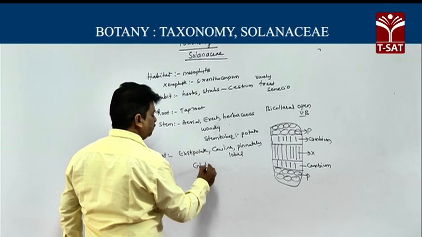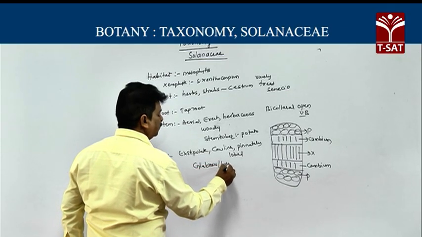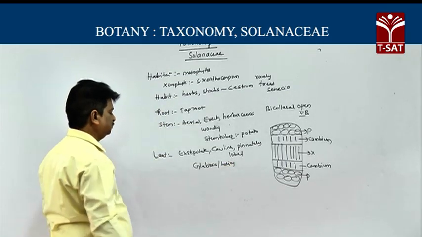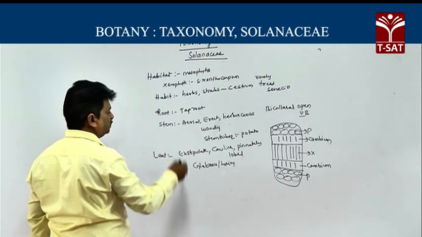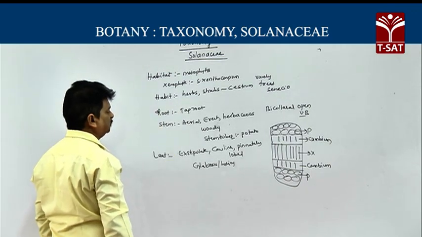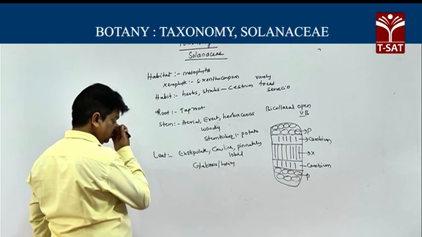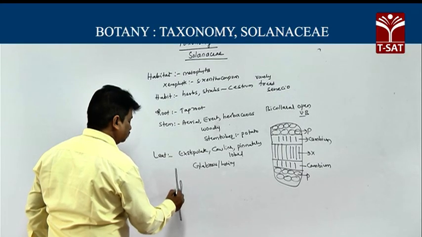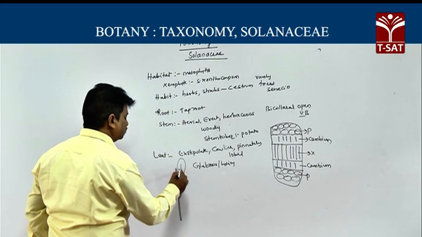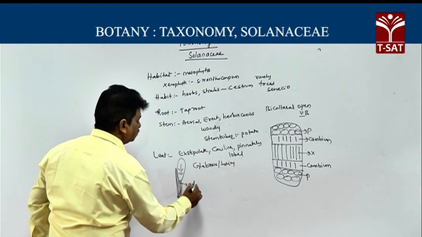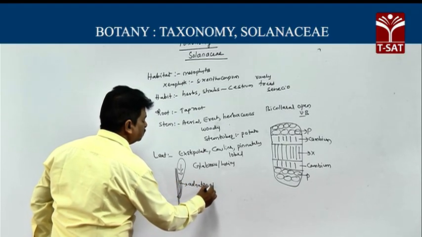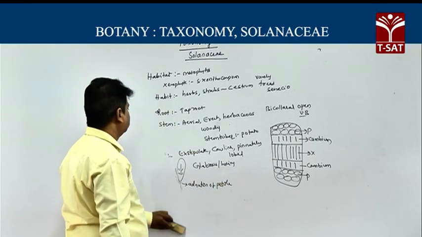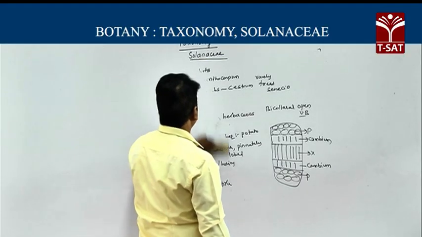Then glabrous or hairy. These are vegetative characters of root, stem and leaf. In leaf, one more identification: adnation of petiole with the stem can be seen in Solanaceae. So these are vegetative characters of Solanaceae.